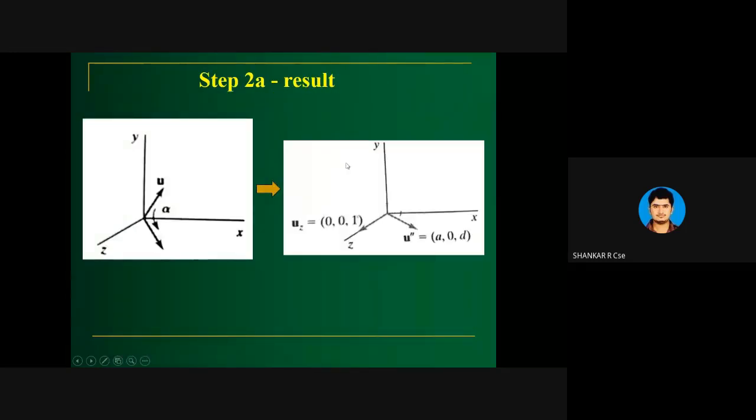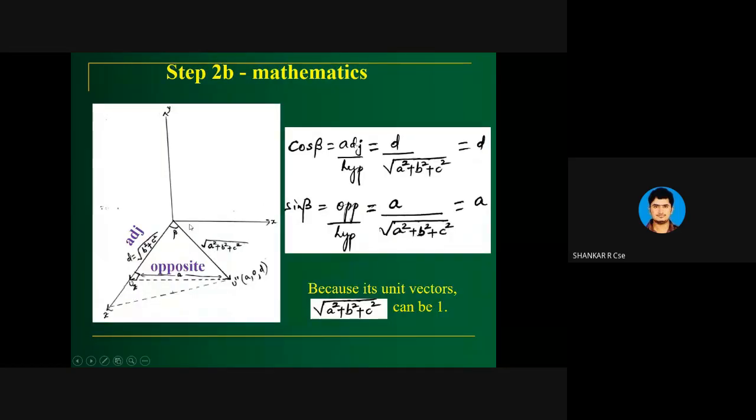Now once we got 2a's output, we need to rotate this 2a's output keeping y-axis in mind. Since you will rotate u double dash, that is the output of 2a, which you had rotated onto x-axis, x-axis rotation is over.